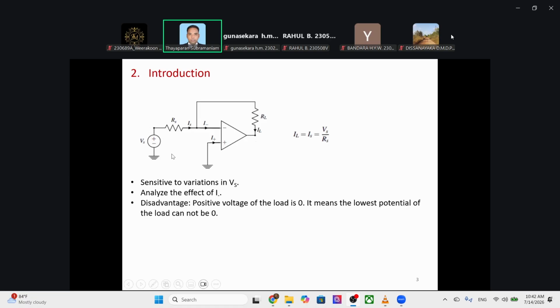But here also we have constant current, but that current value is sensitive to the supply voltage variation of the op-amp. Then what happens if RS has some tolerance? That also will come into the picture.